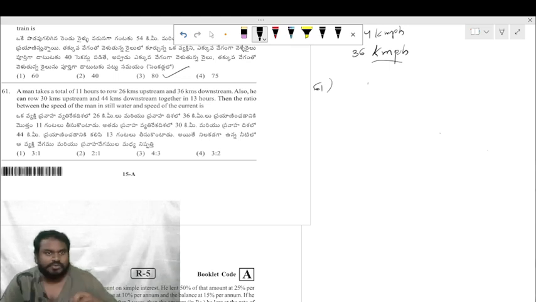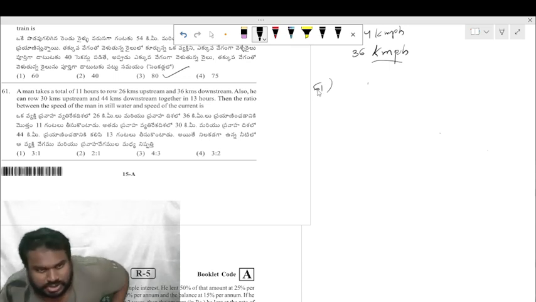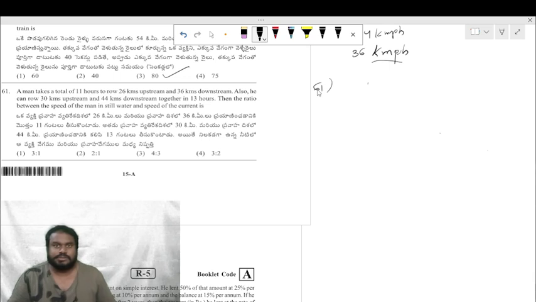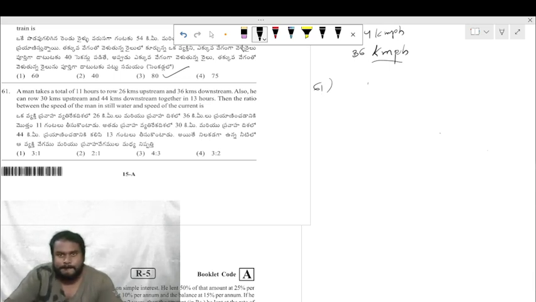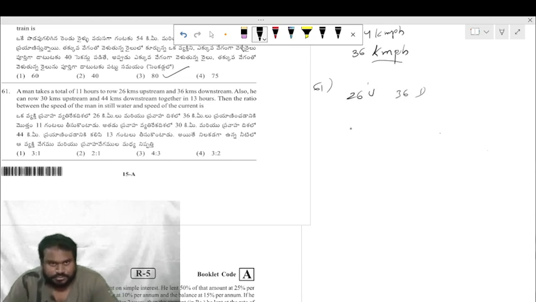A man takes a total of 11 hours to row 26 kilometers upstream and 36 kilometers downstream.